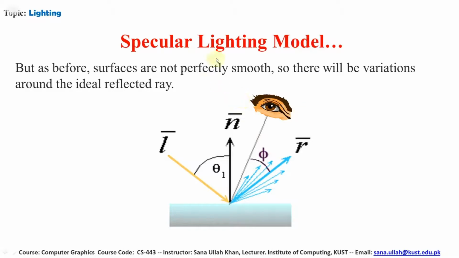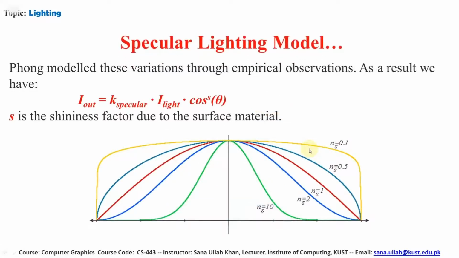If the surface is not smooth, meaning it is rough, then the reflection will vary. Some will be highly reflected and some will be less reflected. So the Phong model models these variations through empirical observation. As a result, we have I out equal to K specular times I light times cos of S, where S is the shininess factor due to the surface material.